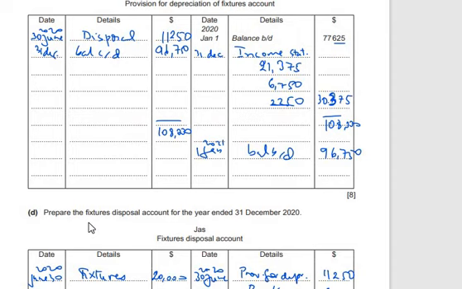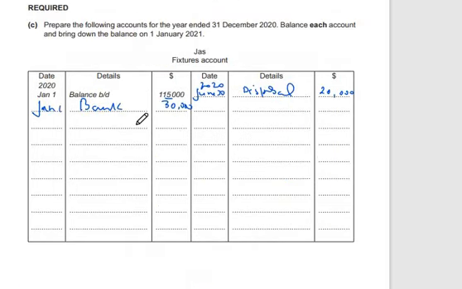Provision for depreciation balance brought down will be 96,750. And our asset, which is a fixtures asset, we also have to find the balance carried down and the balance brought down. So plus 30,000 minus 20,000.